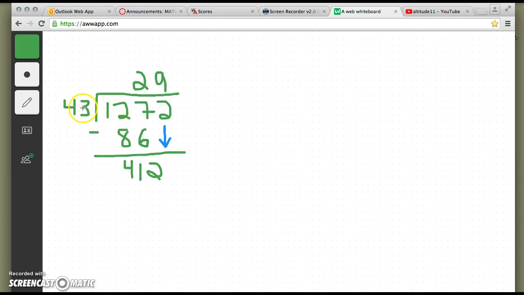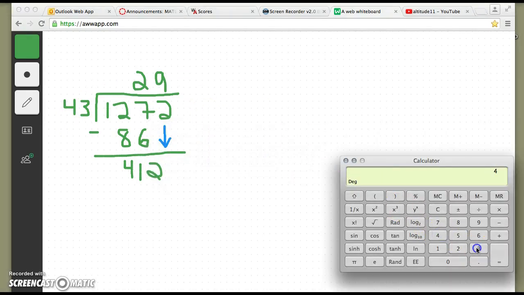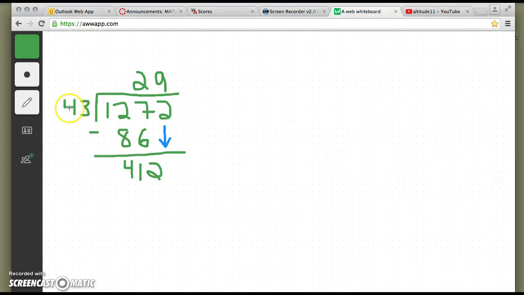Okay, so now let's take 43, multiply it by 9 to remind us what that was again. Not a very common multiplication. It's 387. So 43 times 9 is 387. All right, so remember, we didn't use 10 because if we used 10, we got a number that was larger than 412.